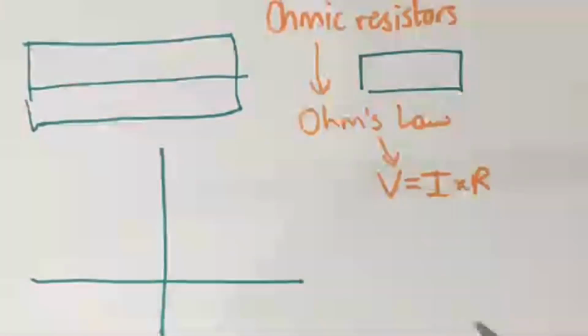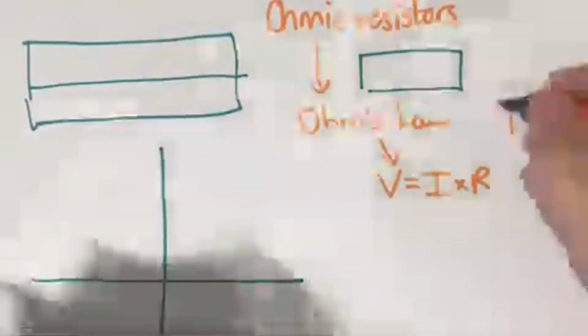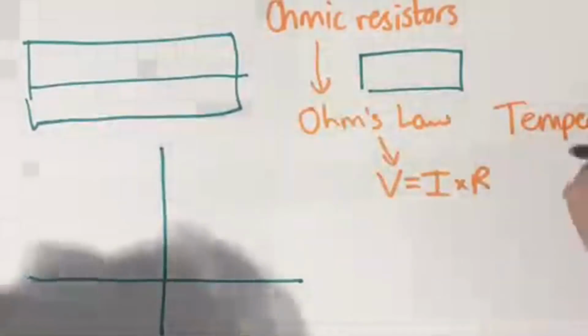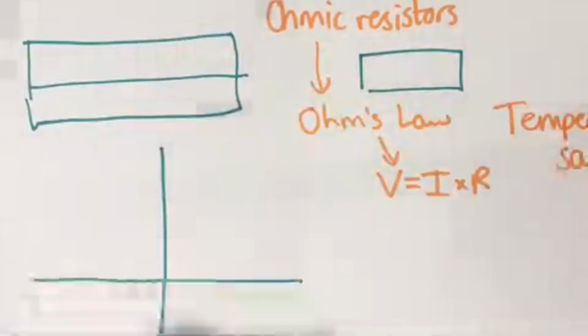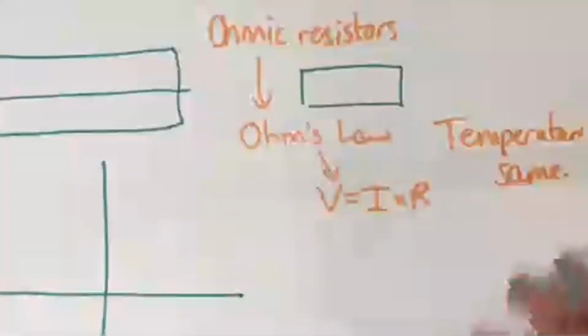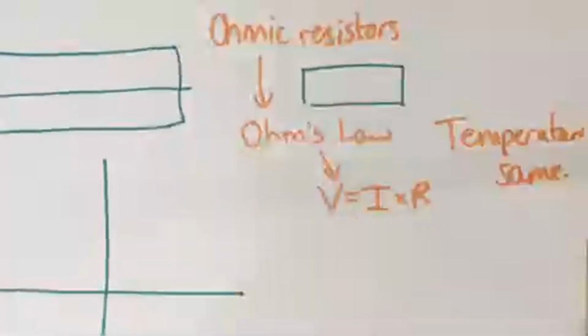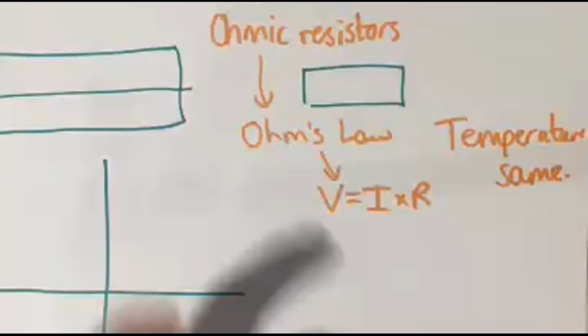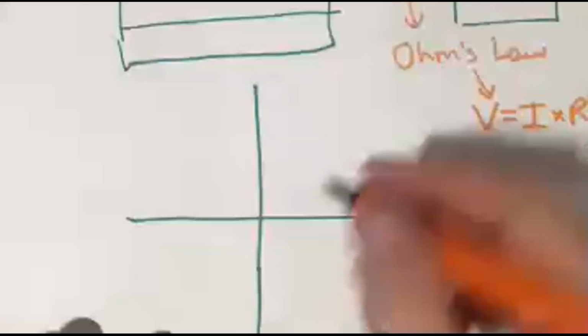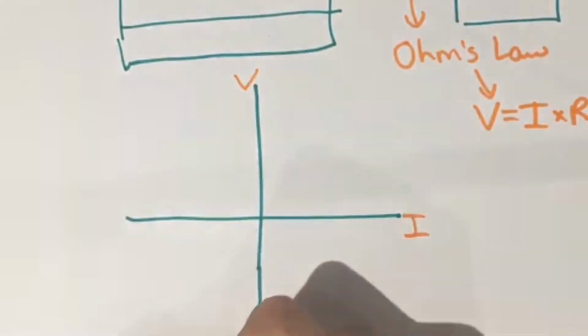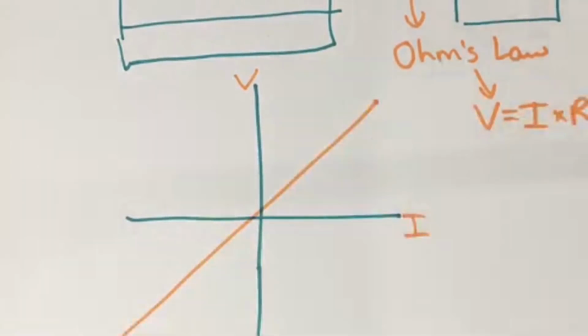Now, this really only holds true if the temperature stays the same. If it gets hot, it starts getting a little bit more aggy, and it means it's got more resistance. So if I was to plot this on a graph, where I put V there and I there, it would be a nice straight line like that.